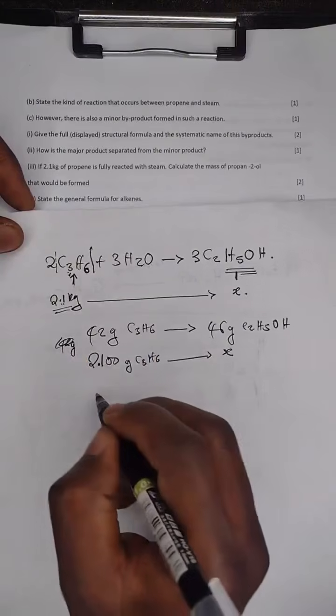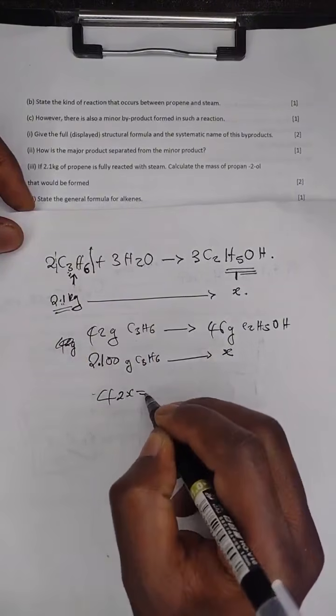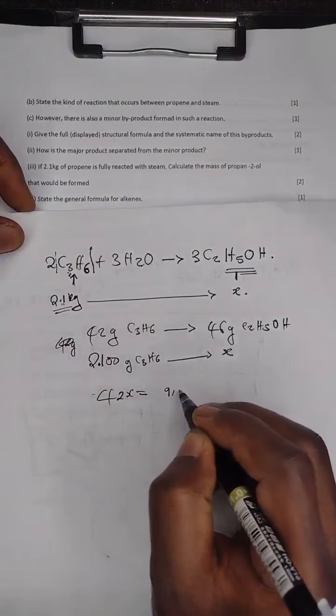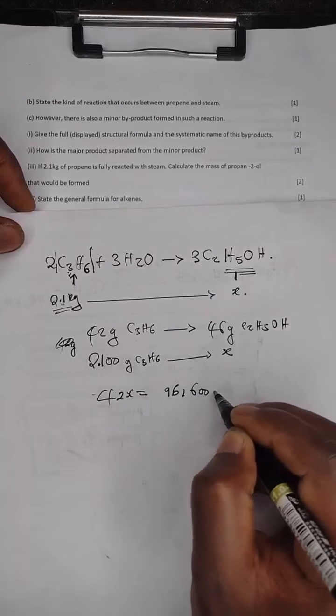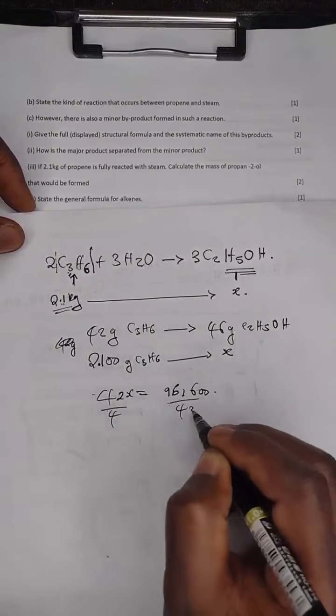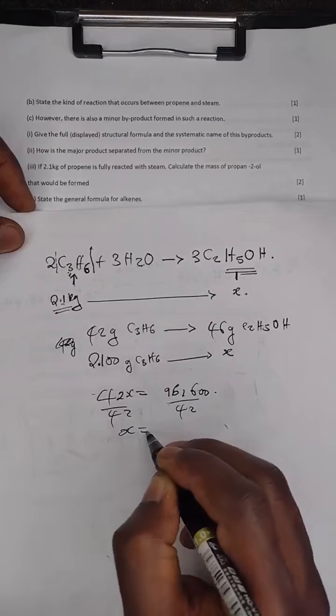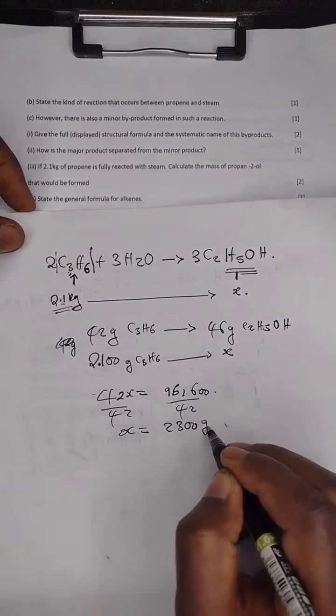If we cross multiply here, 42 X is equal to 96,600. Divide by 42, X is going to give us 2,300 gram.